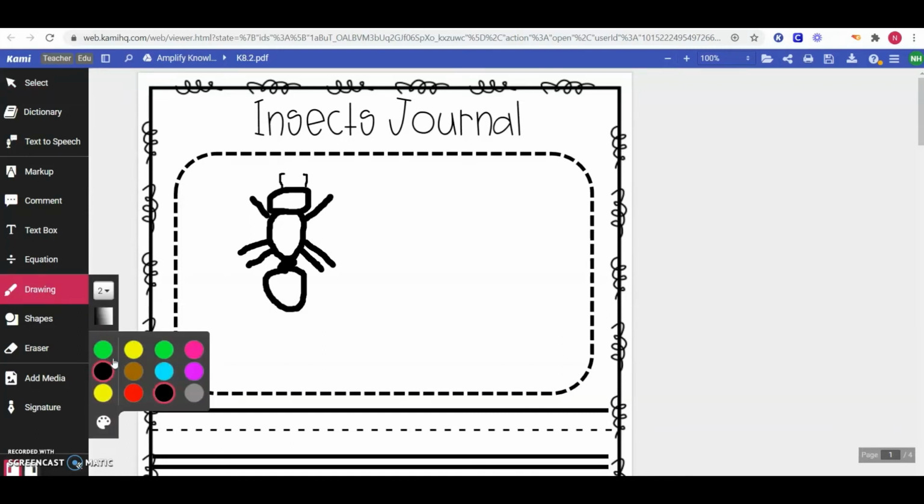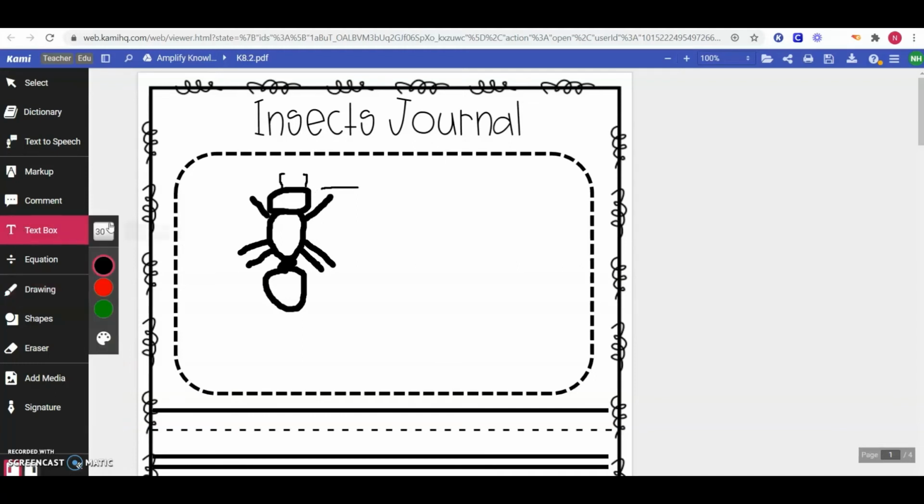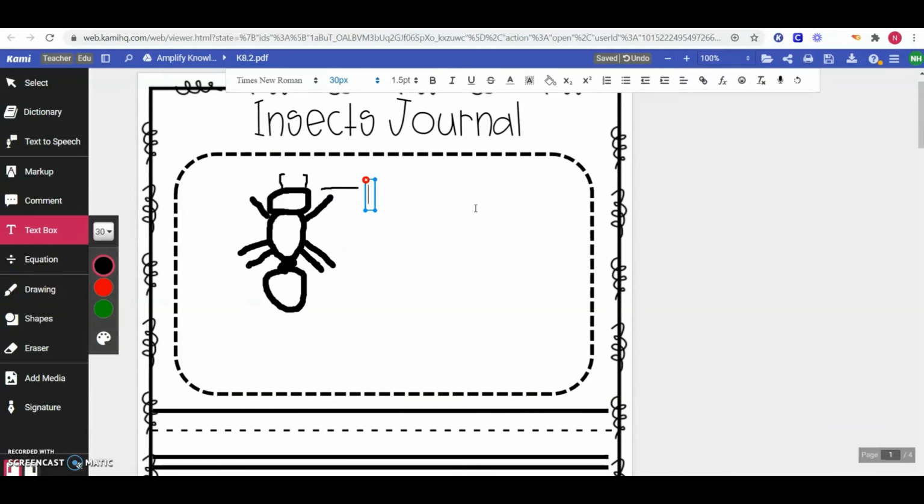We're going to turn it into a little bit of a diagram. So I'm going to say that this part, I'm going to draw a line and then add some words. This part, make that a little smaller, is the head. Remember, insects have 3 main body parts.